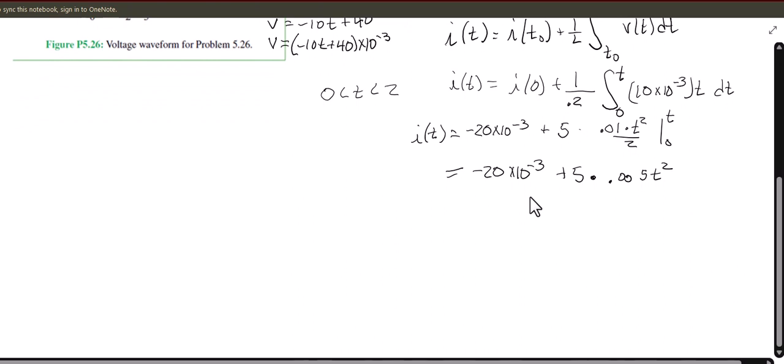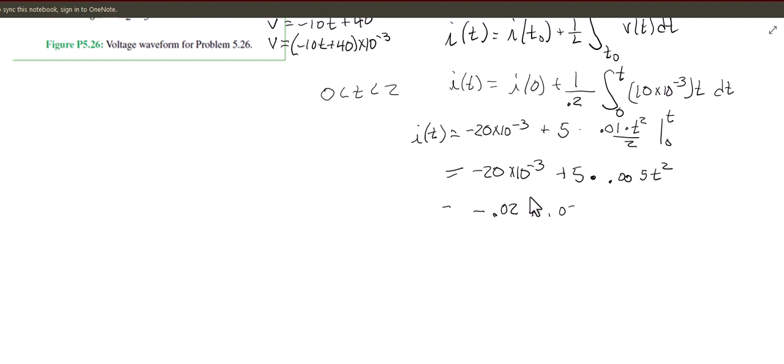And our next step, it won't be 0, which equals negative 0.02 plus 0.025 t squared. Okay, so we have I of t equals negative 0.02 plus 0.025 t squared for t between 0 and 2. Okay, so we've got the first part.